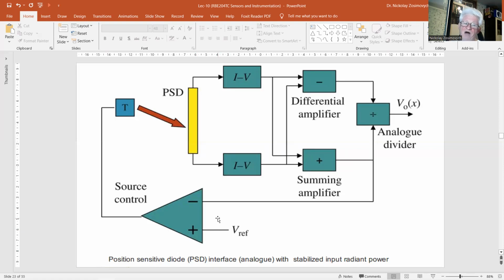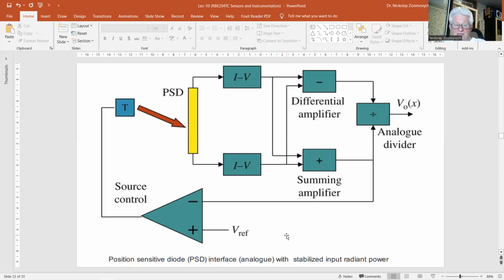The amplifier difference controls the current through the light source in such a way that the sum voltage remains at the reference. Within the operating range of the control circuit, the summing voltage equals the reference voltage.